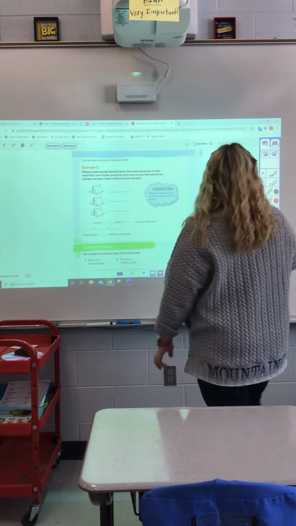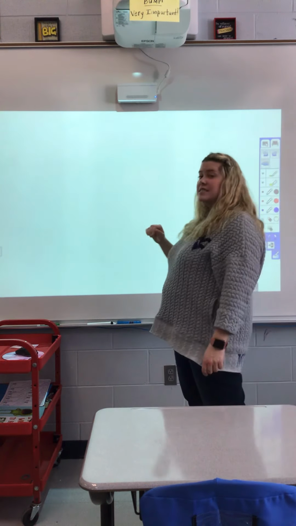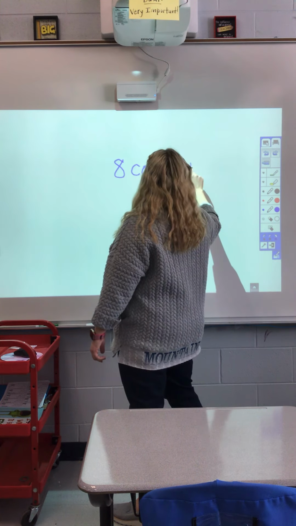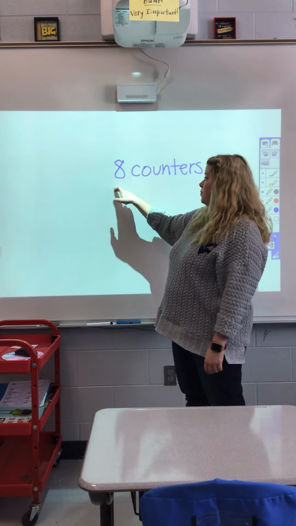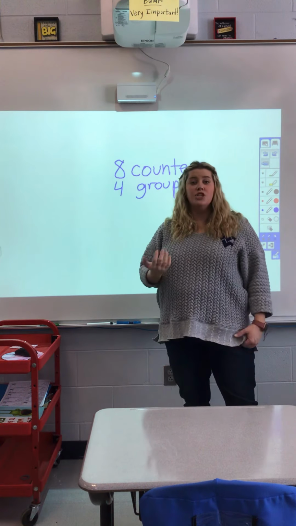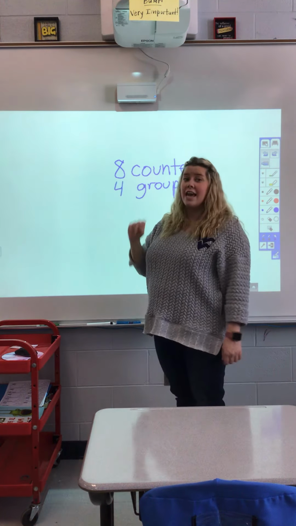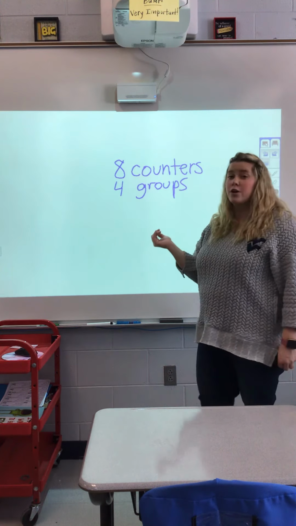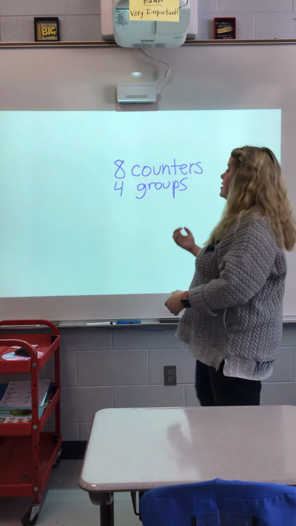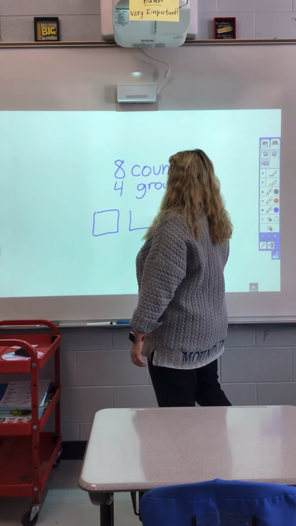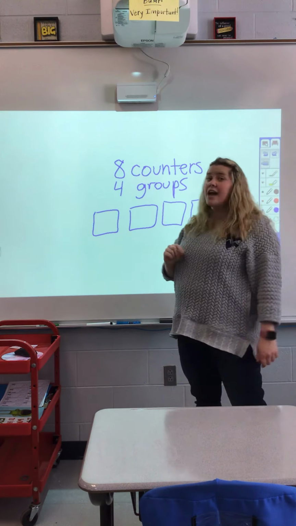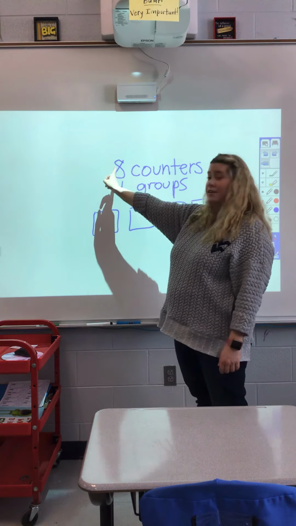So let's practice a little bit more. Let's say that I have 8 counters and I have 4 groups. Okay, if you actually have counters, you would count out 8 of them. Okay, and then you would make 4 groups. If you don't have counters, that's okay. You can do it with a pencil like this. So I'm going to have 4 groups. Okay, I'm going to equal share until I get to what number? 8.